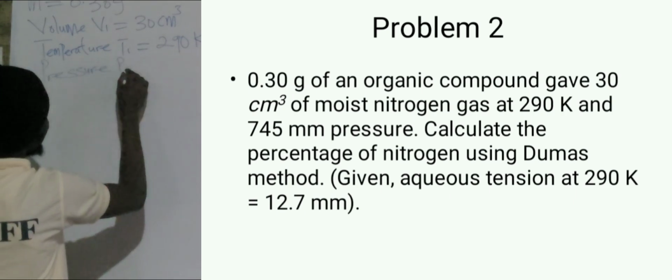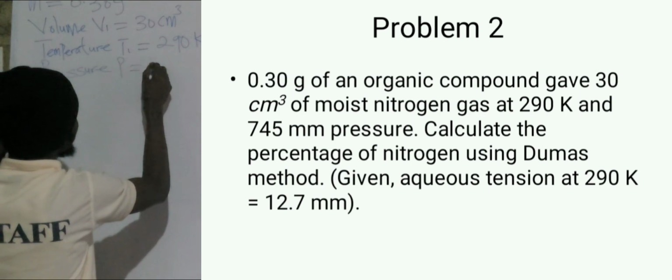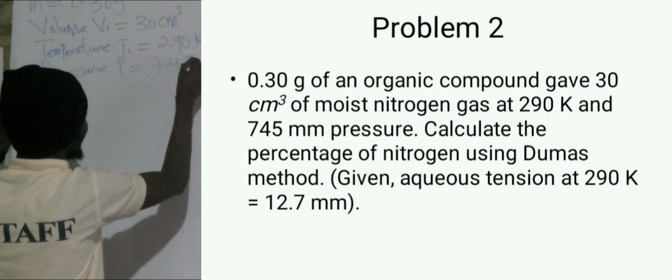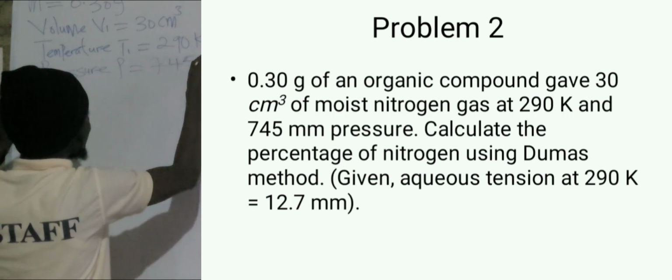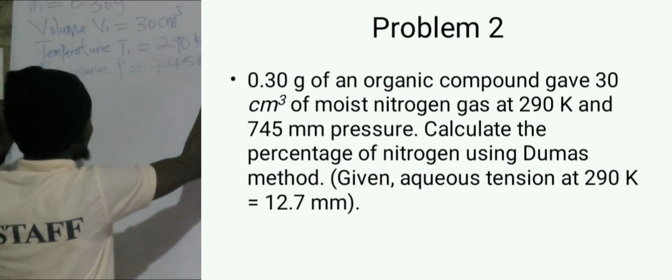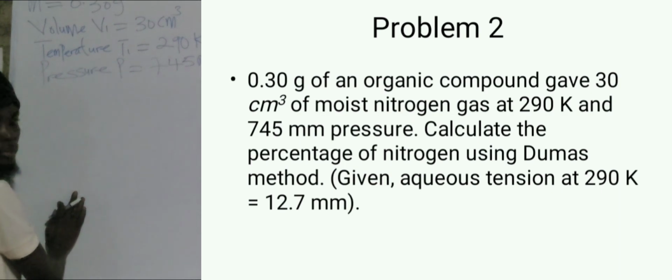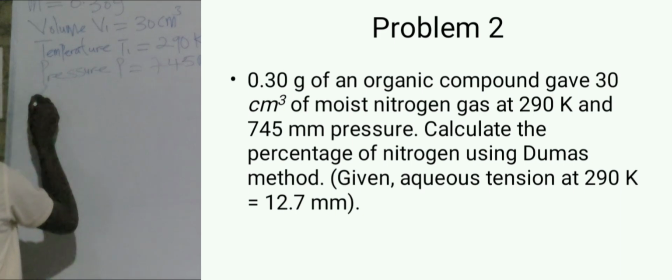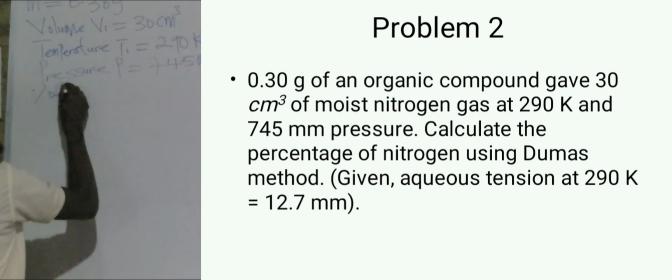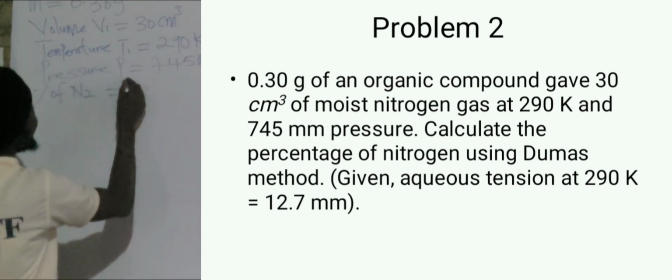Pressure P is equal to 745 millimeter mercury. Calculate the percentage of nitrogen using the Dumas method. Percentage of nitrogen is equal to what? That is our question.